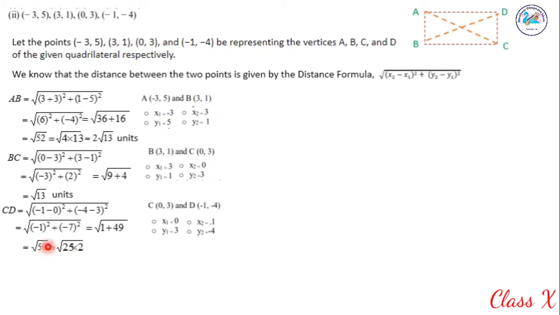As I said before, if you feel difficulty to split, go for factorization, and then after factorization you can just combine it. 25 as 1 and the balance is 2. So 25 is a perfect square. When 25 comes out of the square root it becomes 5, and 2 inside the square root remains the same. So 5 root 2 units is the length of the side CD.